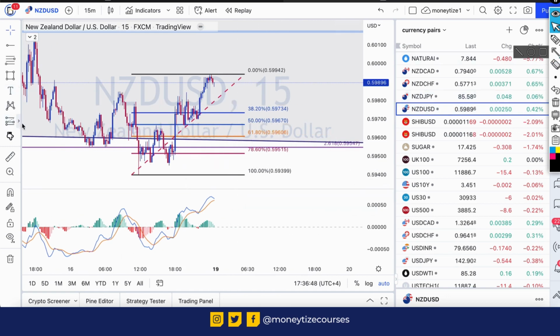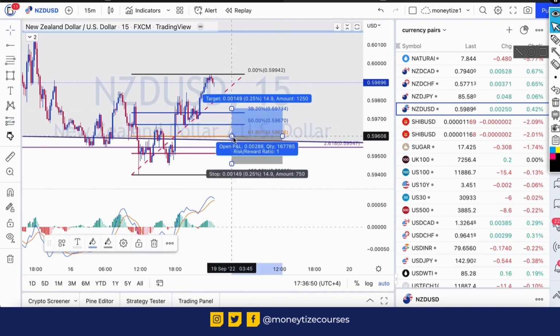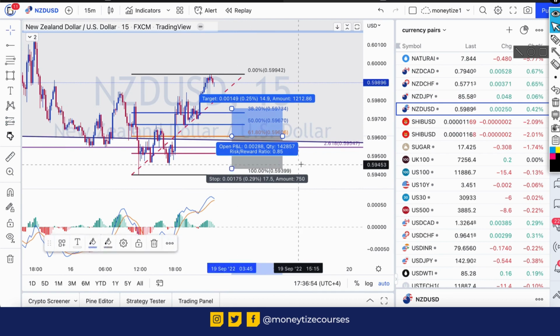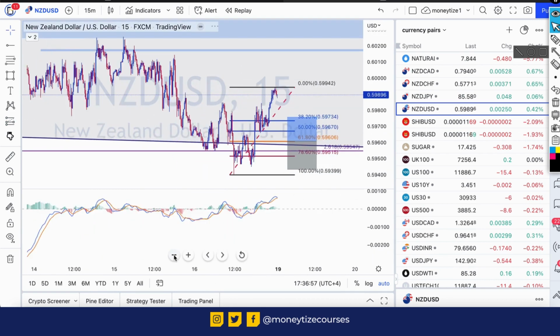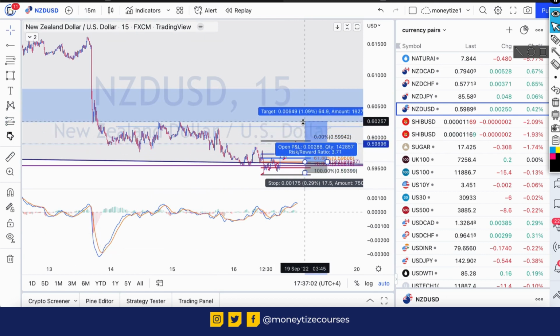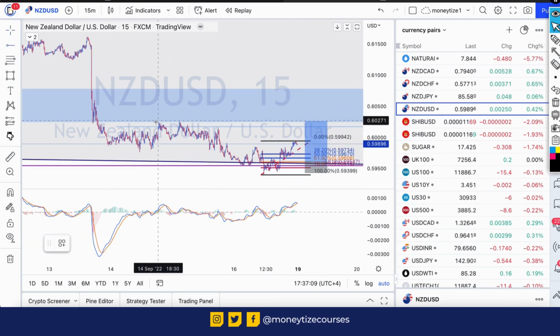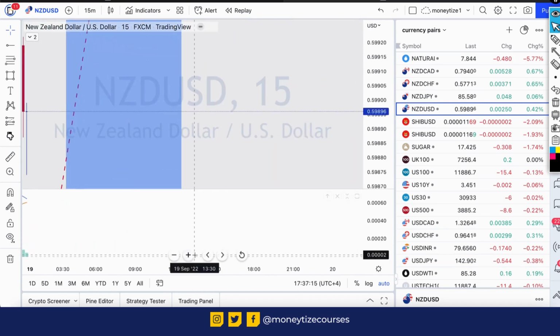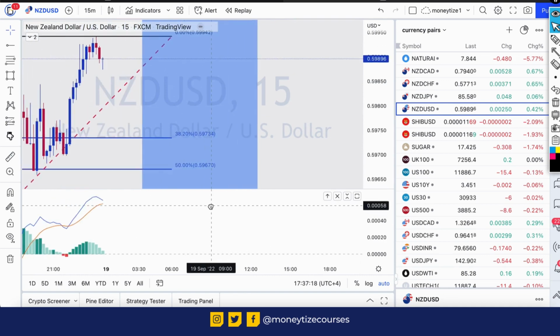So assuming we capture the move around 61.8, let's keep a stop loss below the previous lows, and the short term, so 3.71 risk to reward. So short term target is coming from the previous top, this one. So just for the upcoming week, we can look to buy the dips in New Zealand US dollar.